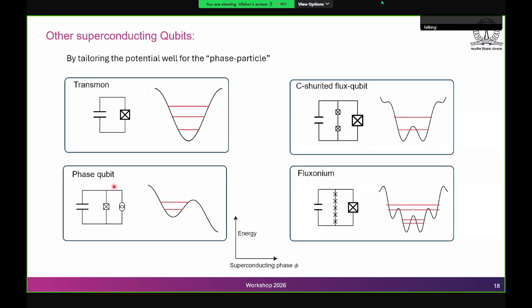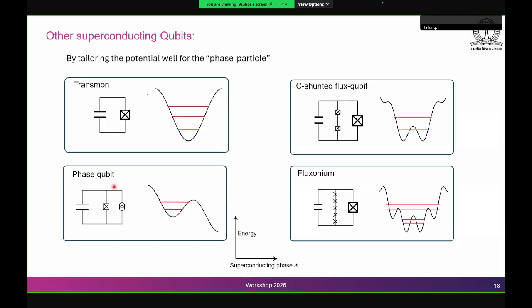So the point I'm trying to make is that by tailoring this potential well, you can change the potential shape to anything but a parabola, and you can realize a type of qubit. There is, of course, a reason why people would like to try different potential shapes, because some types of qubits may be more sensitive to charge noise or flux noise, and by adjusting the potential profile, you can make them insensitive to certain types of noise.